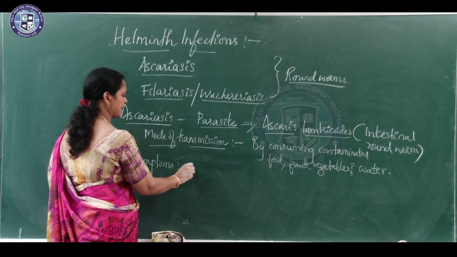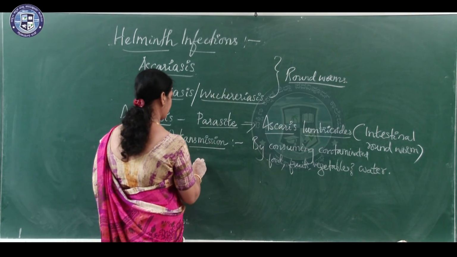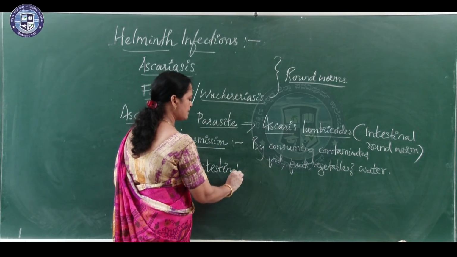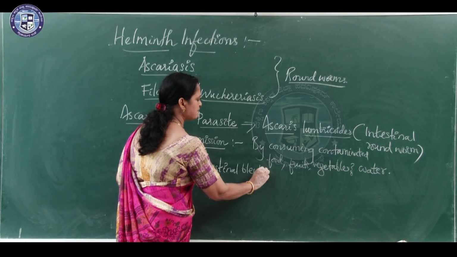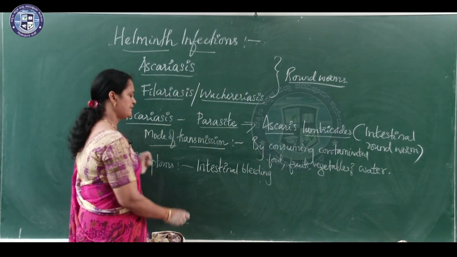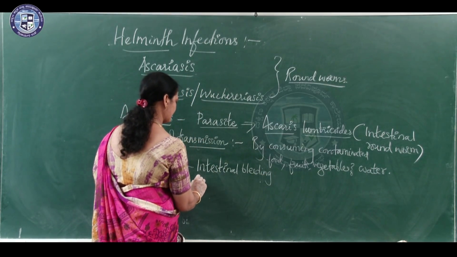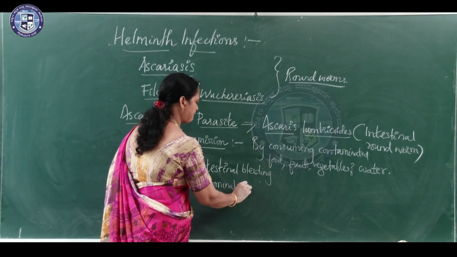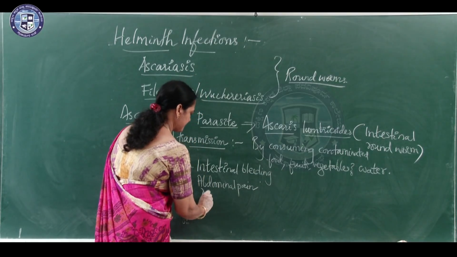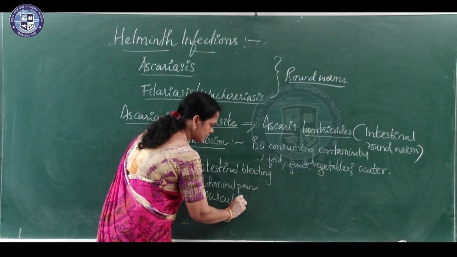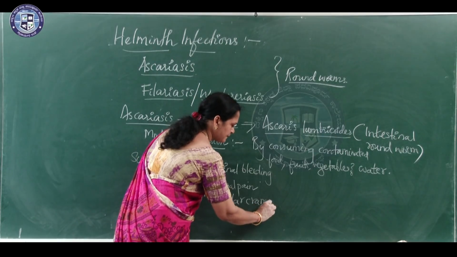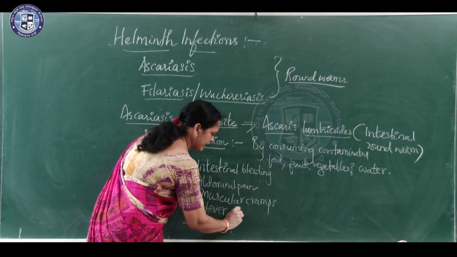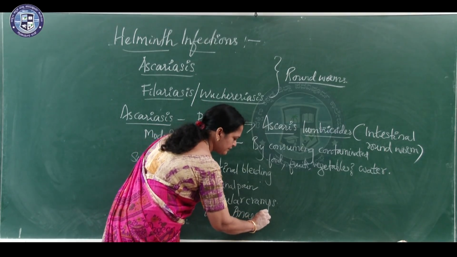Symptoms: intestinal bleeding, that is very important. Abdominal pain, muscular cramps, fever and anemia are common.